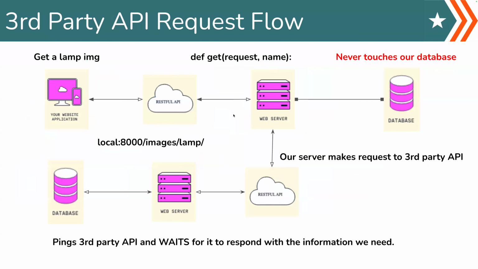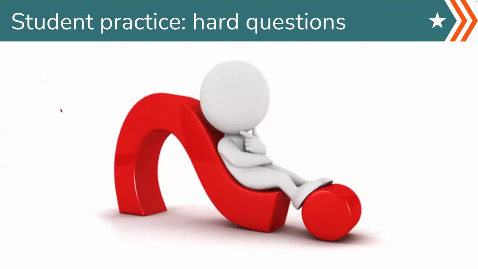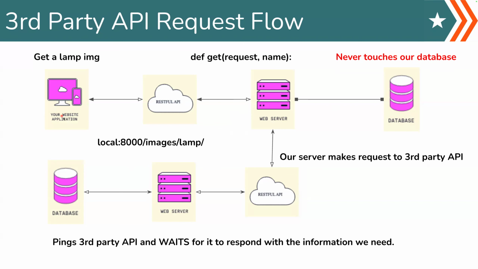So here's sort of the same diagram, but a bit cleaner. And the example here is with the Noun API, where you can see that we've got our web app.